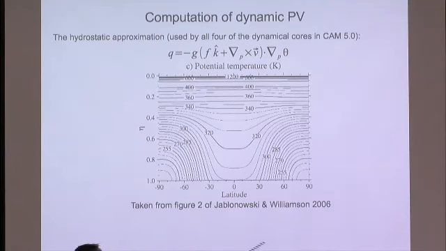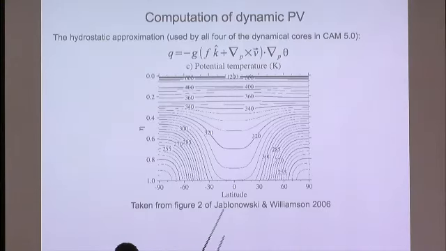The reason that's difficult is that this is a plot from the Jablonowski and Williamson paper in which they plot the isolines of the potential temperature, and you can see that as you move upwards in the vertical direction, especially near the top of the model, the potential temperature varies quite rapidly. So computing derivatives of the potential temperature can be very difficult to do.